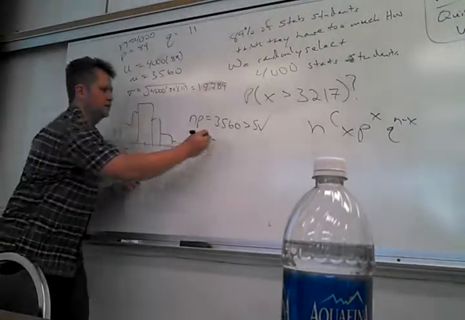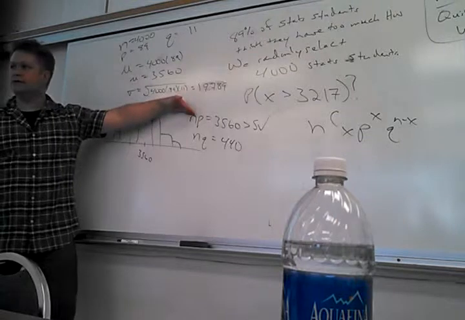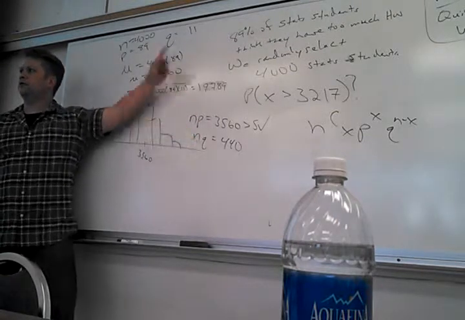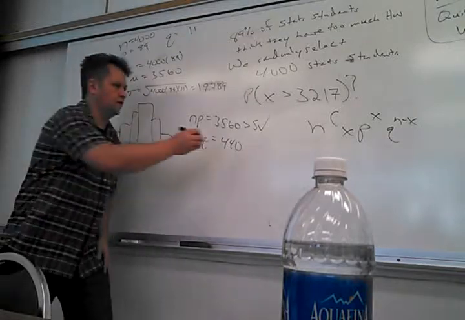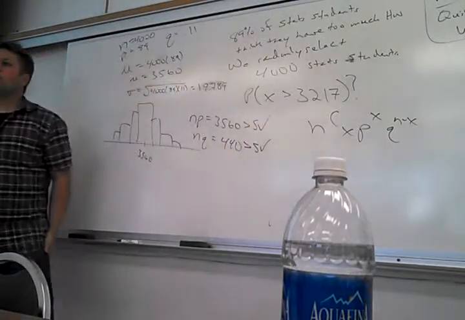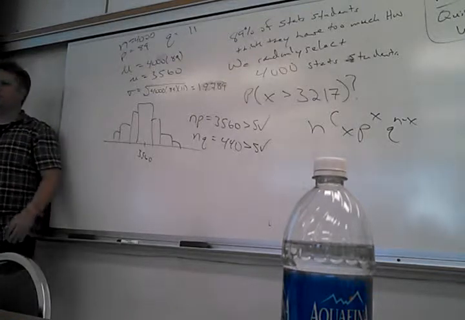Why does that make sense? This plus this is 4,000, right? The number of successes has to add to the number of failures to make the total. That's kind of cool. But that's definitely greater than 5. So this is normal enough to do normal probability stuff with.